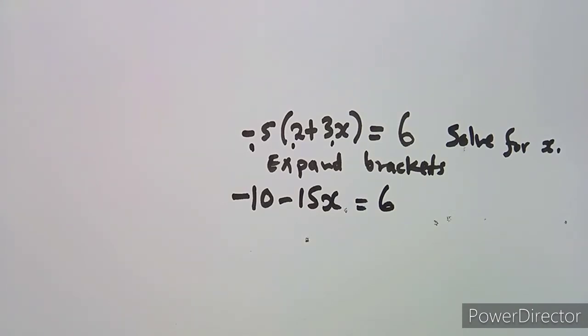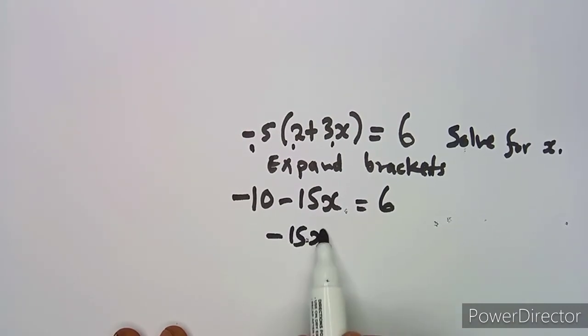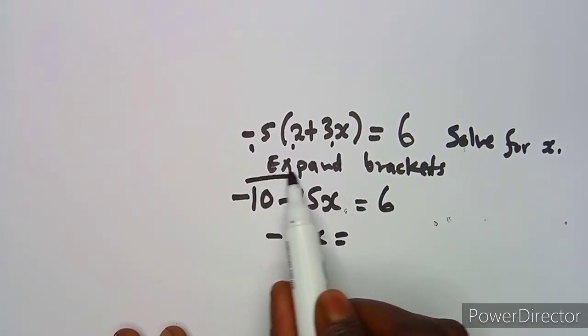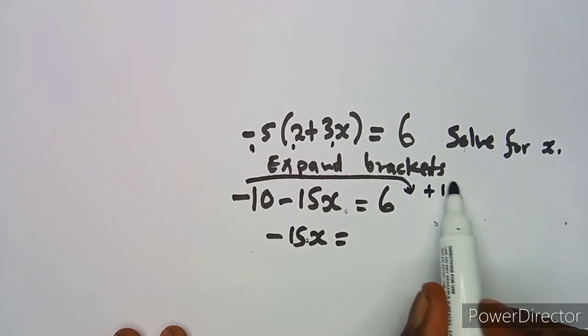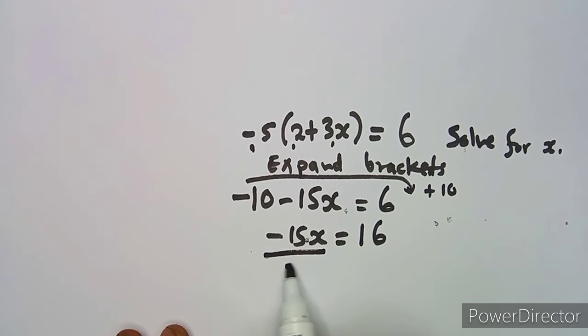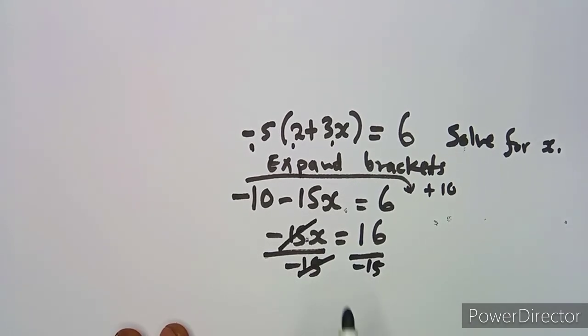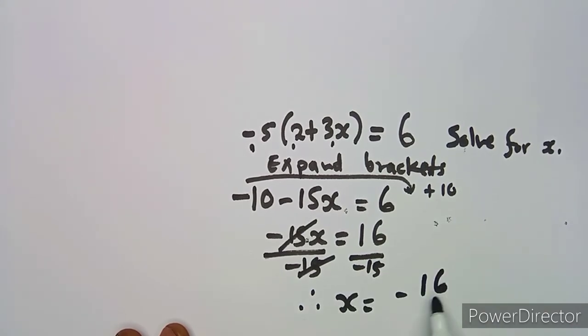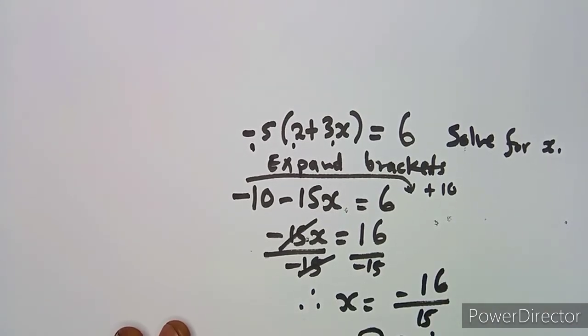So we can transpose: -15x is equal to 6 plus 10, which is 16. To find x, we divide by -15 on both sides. Therefore our x is going to be -16 over 15.